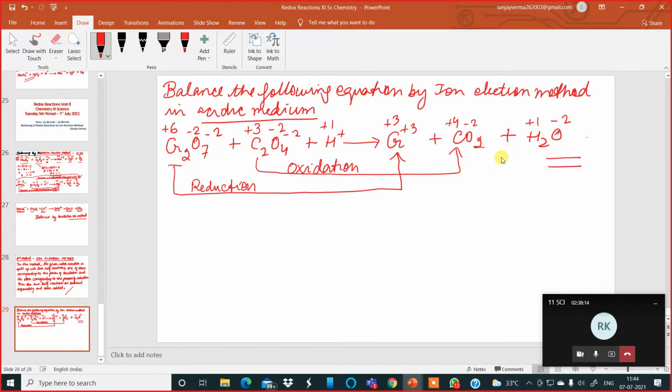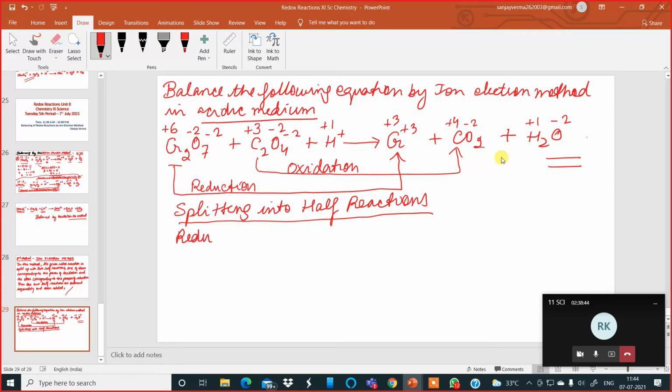We will split this reaction into two half reactions. If I split into half reactions, first I can write down the reduction half reaction.